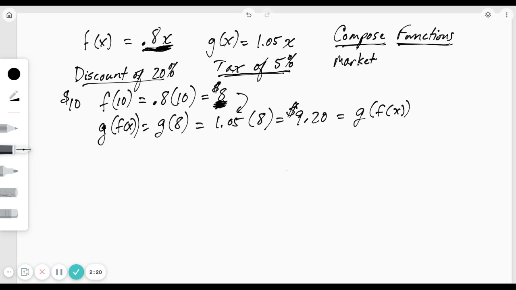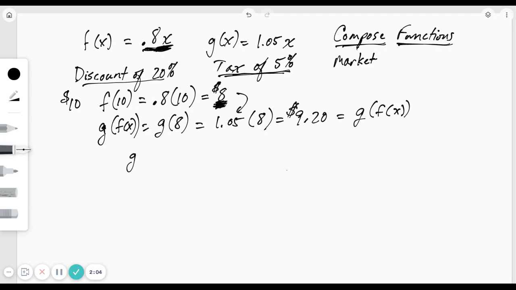Okay? Now, if we do it without money, without an actual value for X, we're going to do G of F of X. We're going to create a generic form for this, or a pattern.